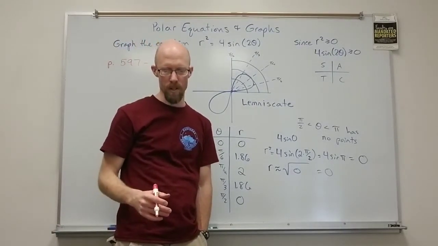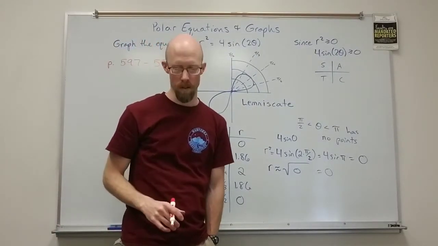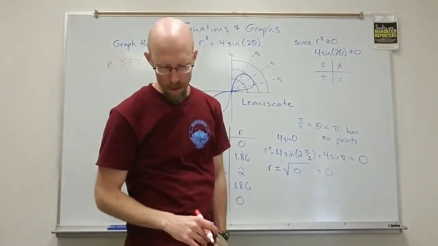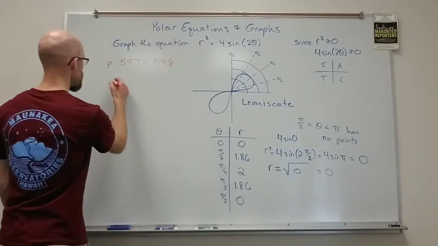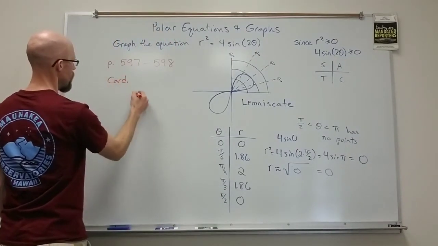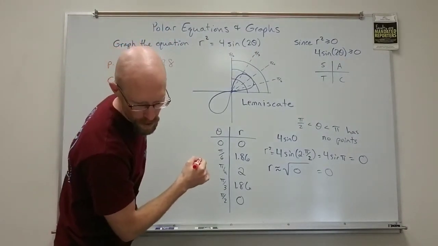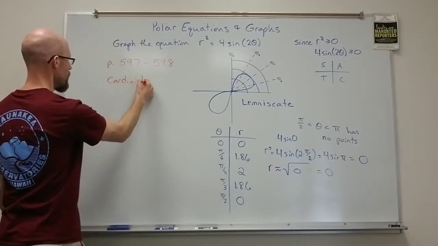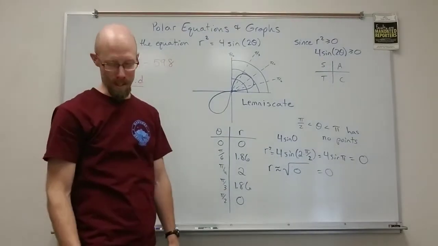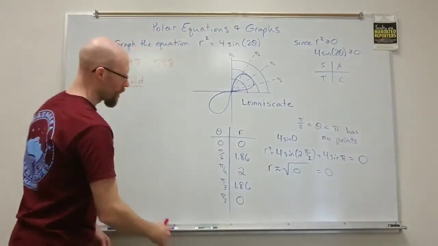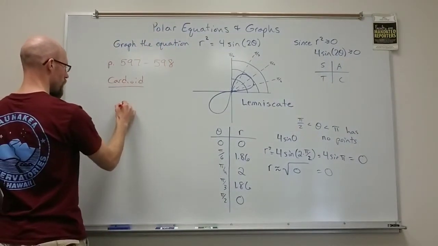What I really want to focus on, the lines and the circles, I think, are a little bit easier to work with. But you have these lemniscates, you have some things called cardioids. C-A-R-D-I-O-I-D. That's an interesting spelling, right? And they are kind of weird looking graphs.